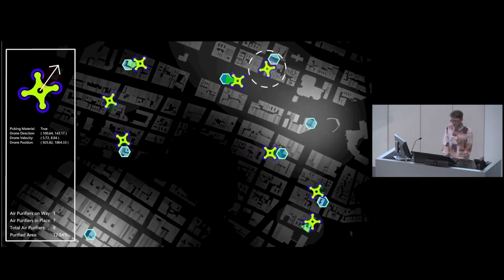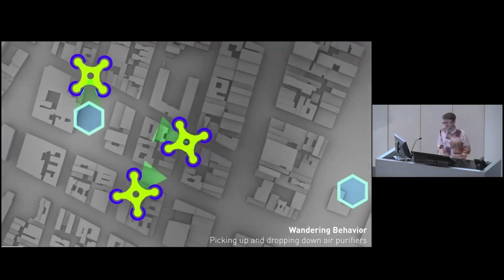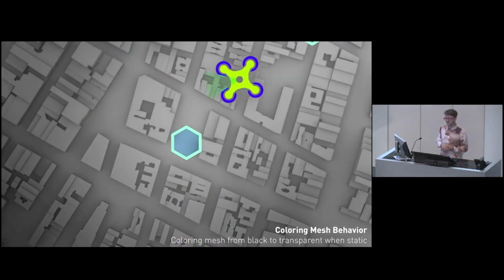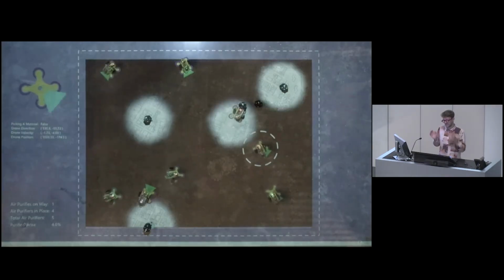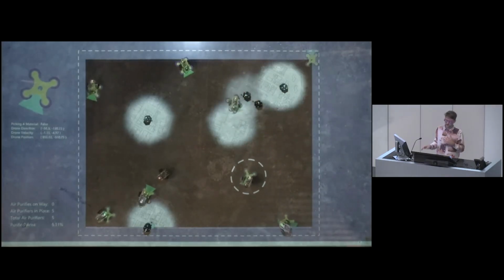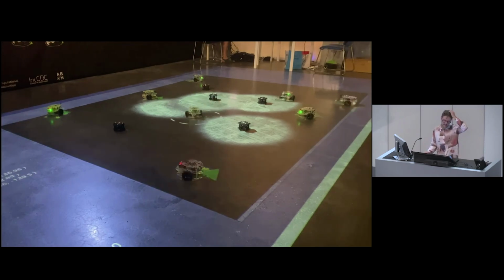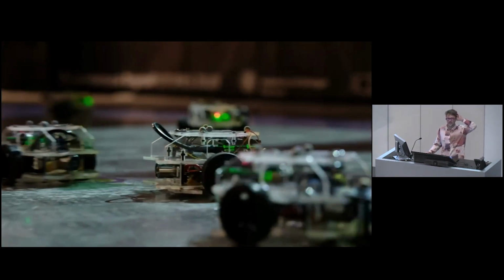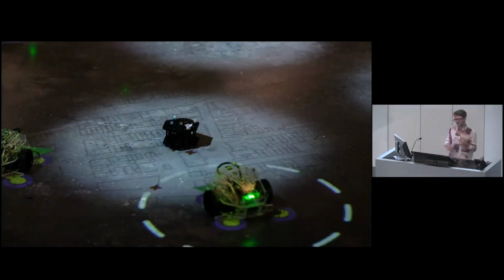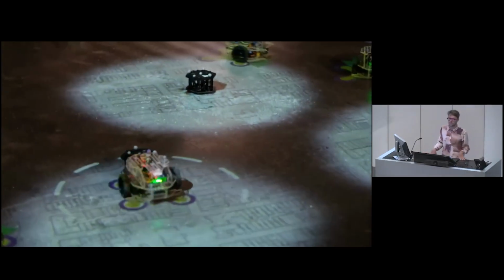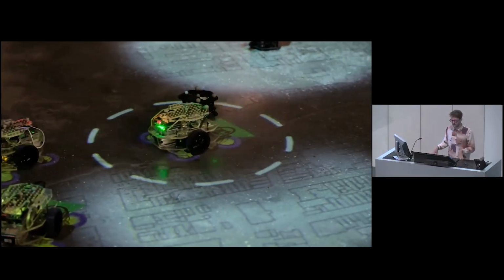And the last project was Skyline Scrubbers, which was a bit of an abstraction of the robotic system. The idea was that the robots could maybe also be drones, navigating a city landscape, and the digital material was actually air purifiers, so they were moving the air purifiers around in the city in order to purify the air.